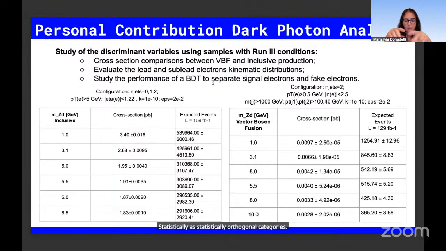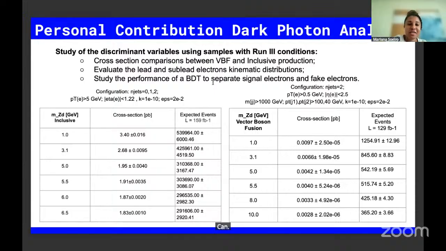For example, is the overlap between inclusive and VBF selected events removed? No, in SUSY, no. How are the results from the two strategies combined, the sensitivity in the final state?